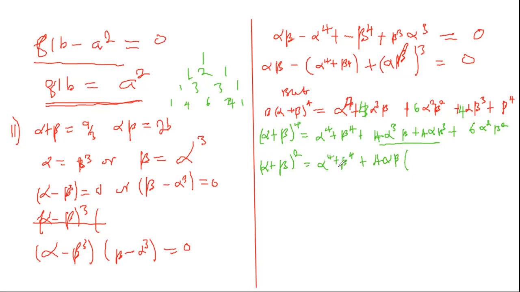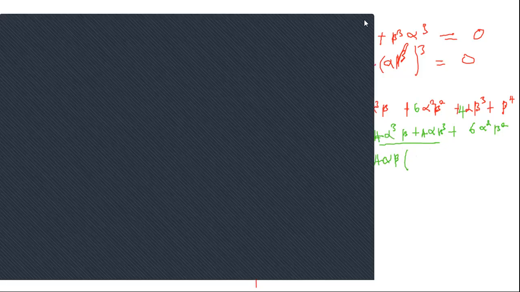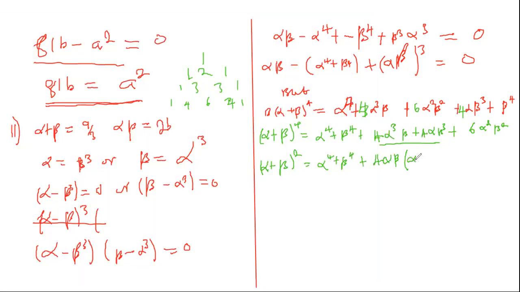So for 4 alpha beta, what remains inside here is alpha squared plus beta squared, then plus 6 alpha beta squared. Then we can also substitute for this.